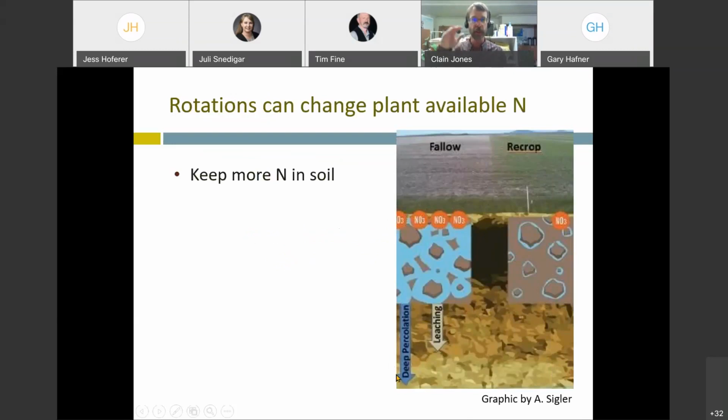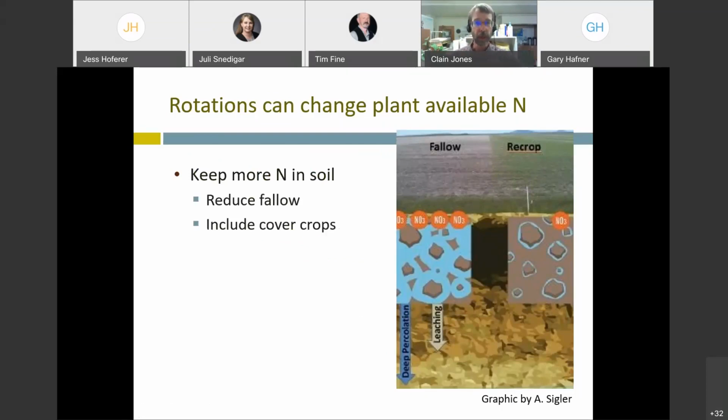Deep percolation just means water moving vertically below the root zone. In a fallow environment, we generally have higher nitrate because there haven't been crops to take up that nitrogen, and we have higher deep percolation because there's more water since crops haven't been taking up water. Whereas a recrop field is going to have lower levels of nitrate and less water, and therefore less leaching.